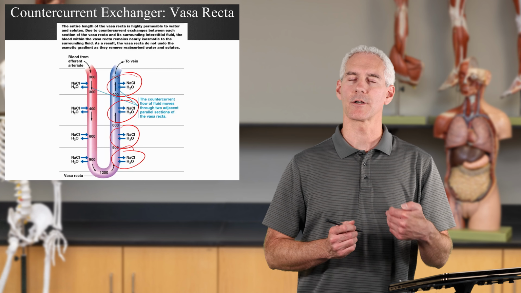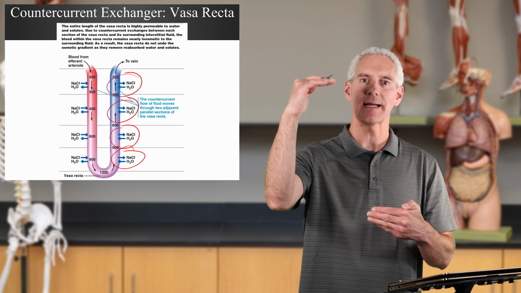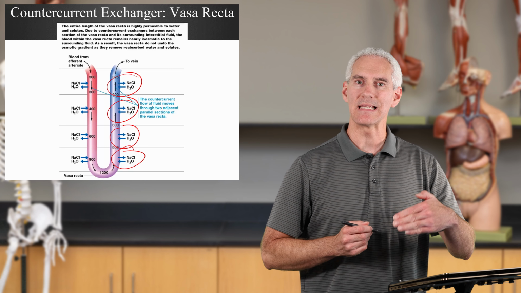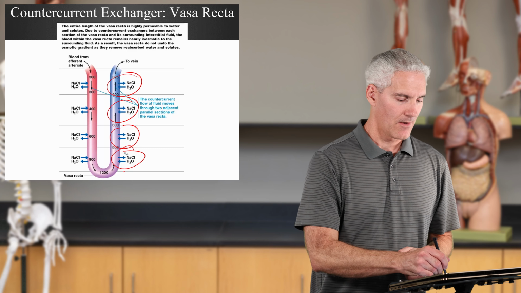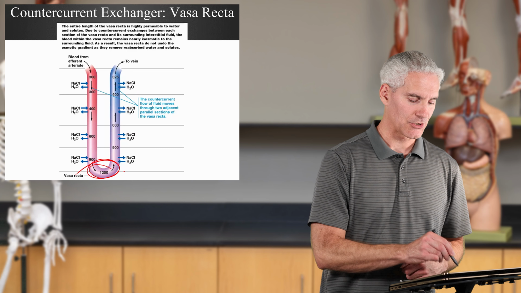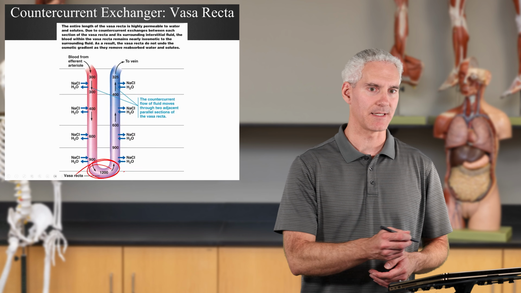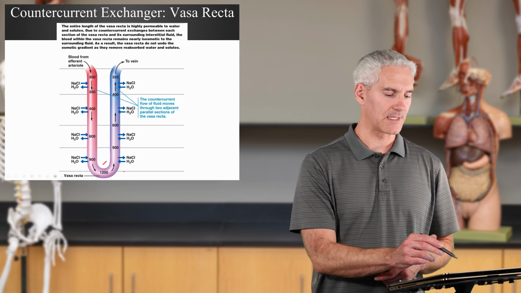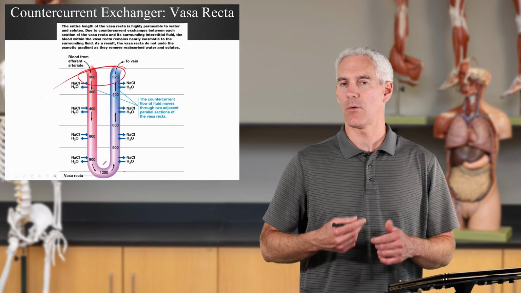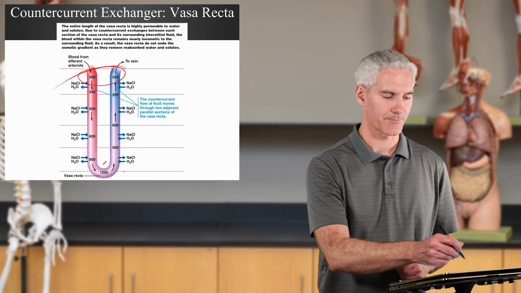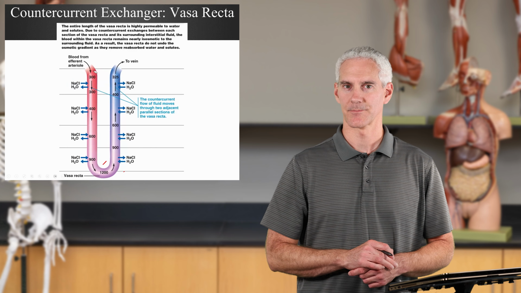So that picking up the water is diluting it as it goes back up. That means we're maintaining that gradient from the very high 1200 milliosmoles at the base, all the way up to the top, where we're just floating around that 100 to 300 milliosmol range for the filtrate.